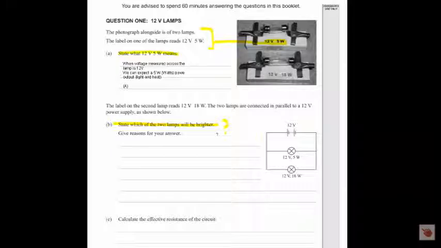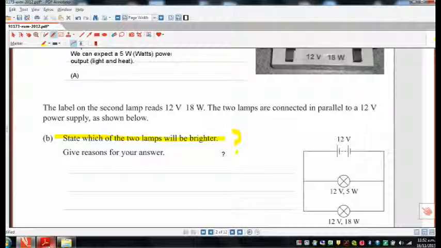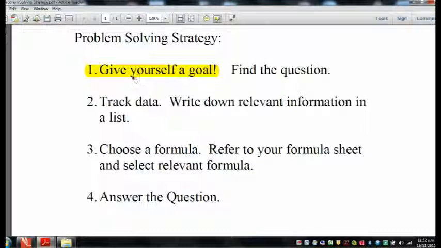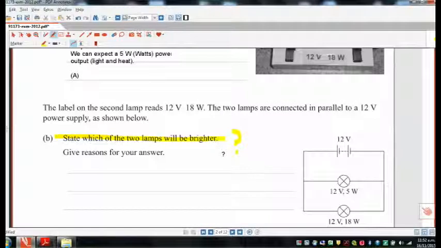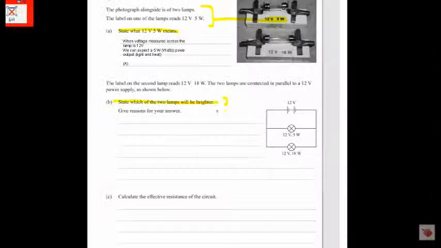So right away, I'm going to take a look at my strategy. I've given myself a goal. We're going to start tracking data. So let's go ahead and do that. And we can take a look at the fact that we're comparing two lamps.